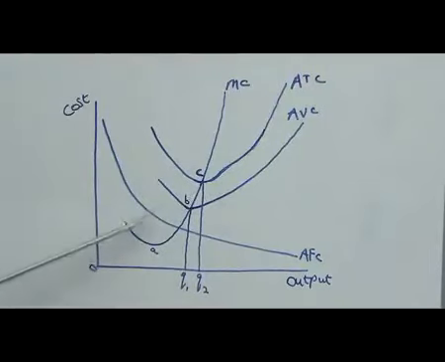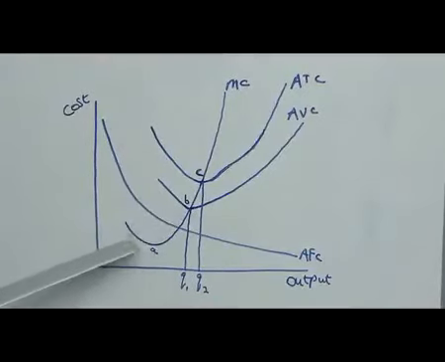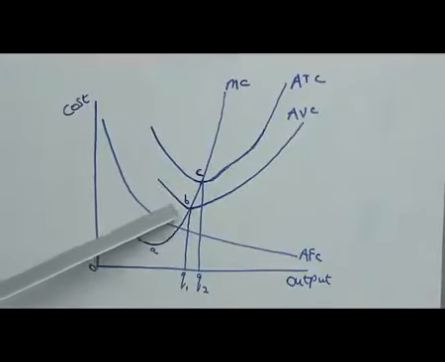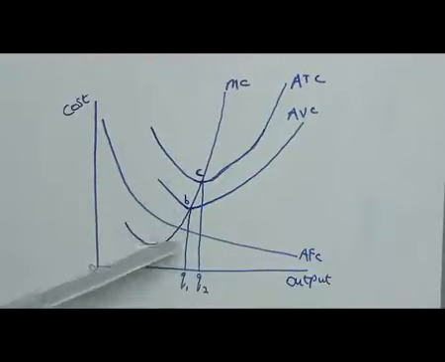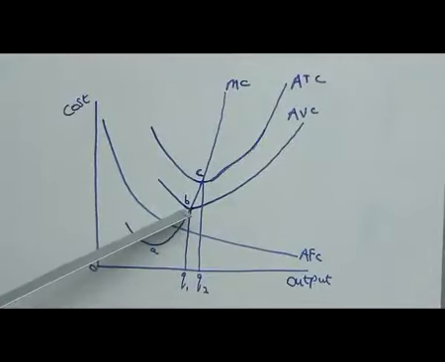Now, we want to analyze point B and point C. As the average variable cost is falling, marginal cost is below it. You can see here, average variable cost is falling, marginal cost is below it. But marginal cost meets average variable cost at this point.